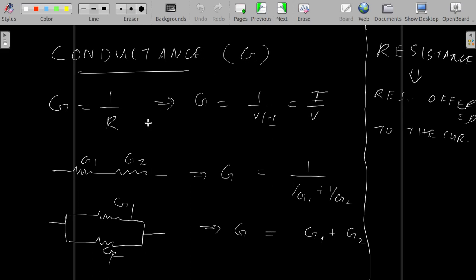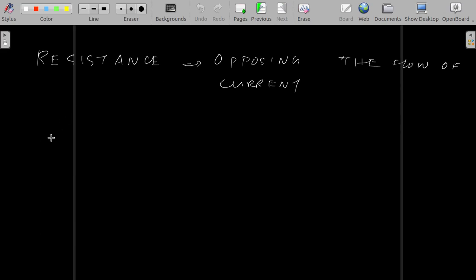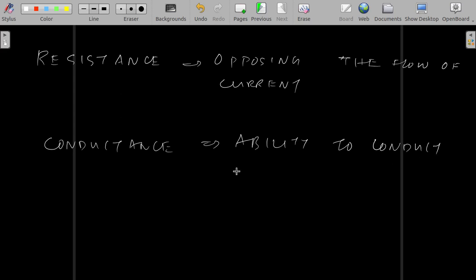And conductance means what? Conductance is the ability to conduct electricity, or simply said, how much current or with how much ease the current will flow through.